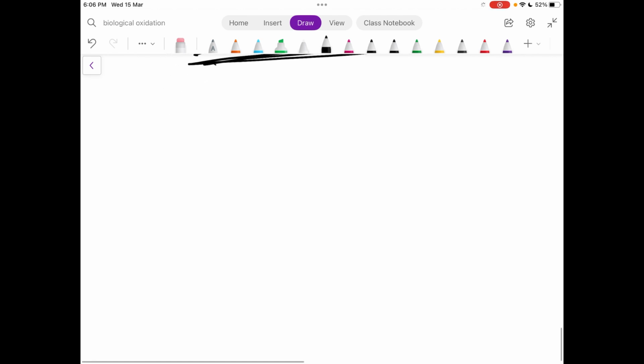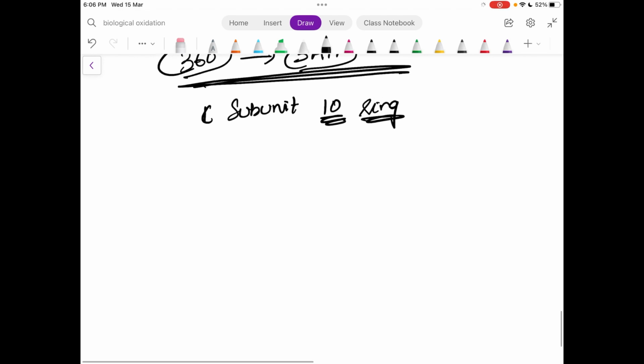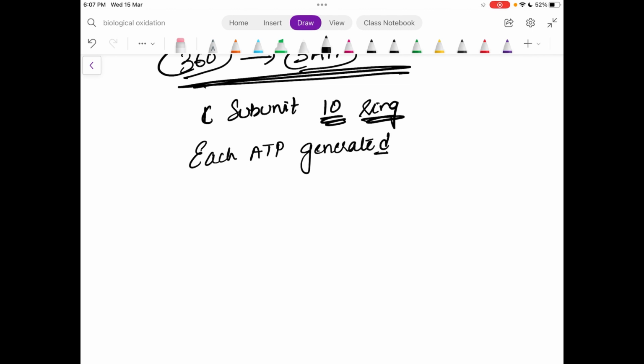Suppose the C subunit has 10 parts. So each ATP generated requires how many protons? 10 by 3.